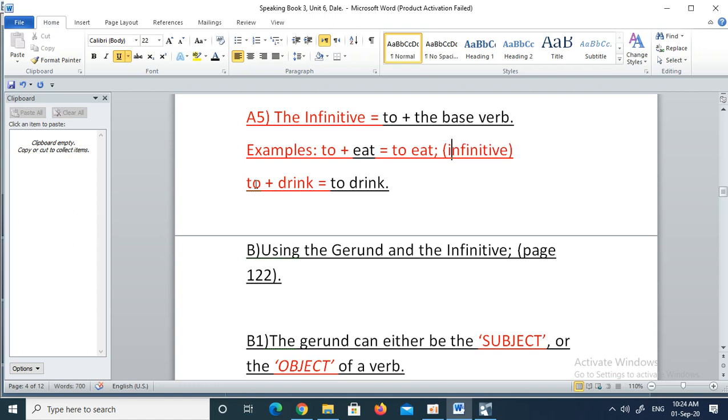We will take the particle to, we will add the base form drink, and our infinitive comes to drink. All right, so that is how we will make the infinitive.